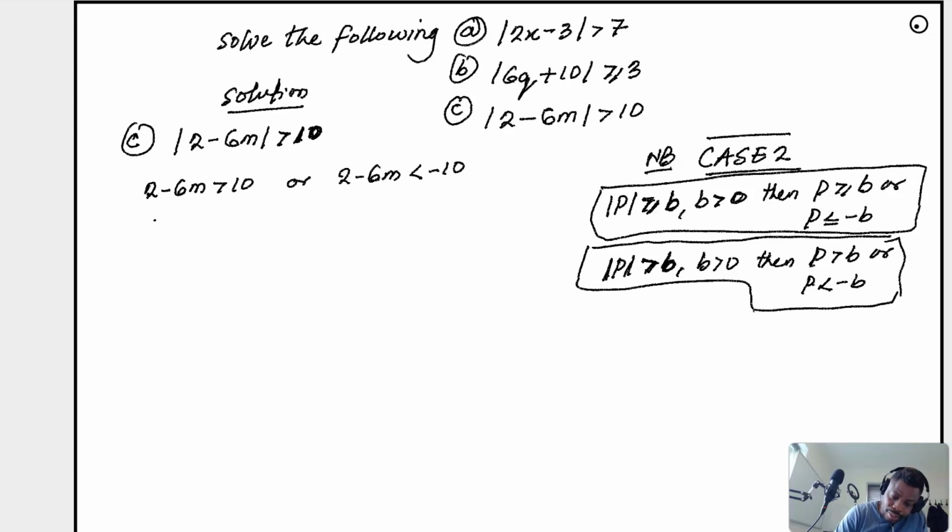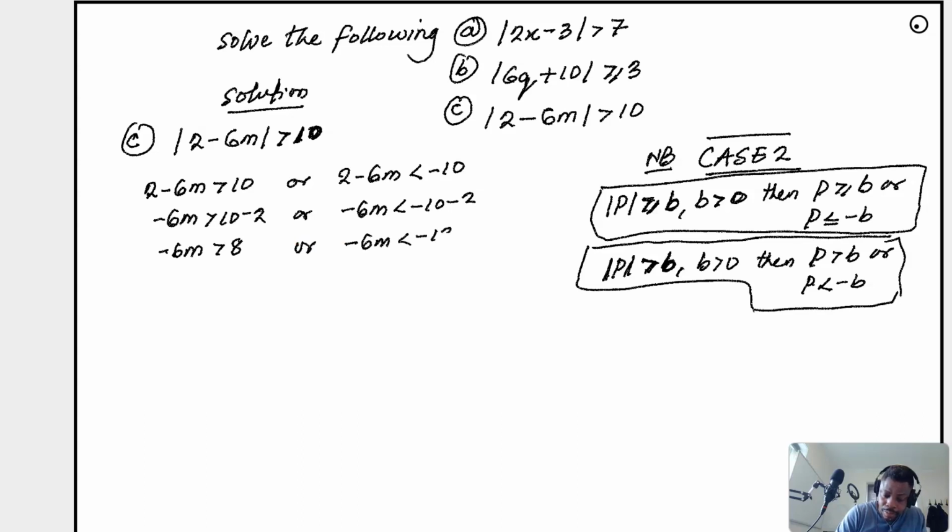So here, minus 6m greater than 10 minus 2, or minus 6m less than minus 10 minus 2. Minus 6m greater than 8, or minus 6m less than minus 12.